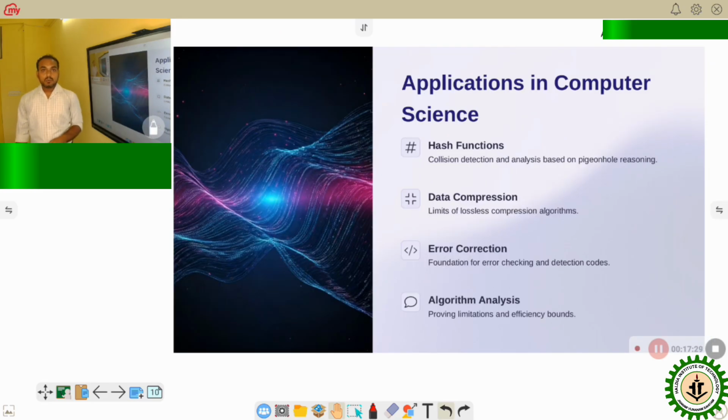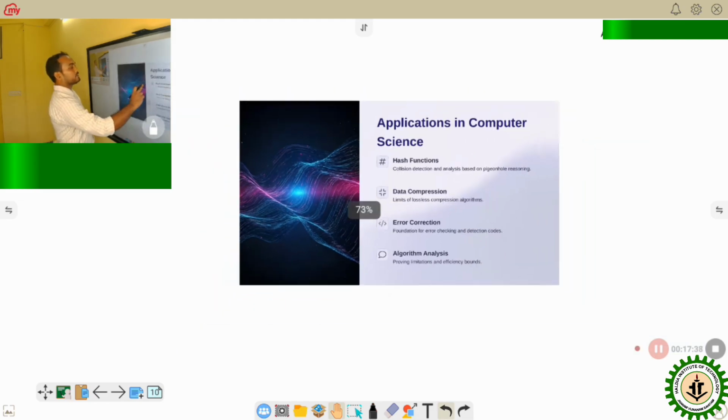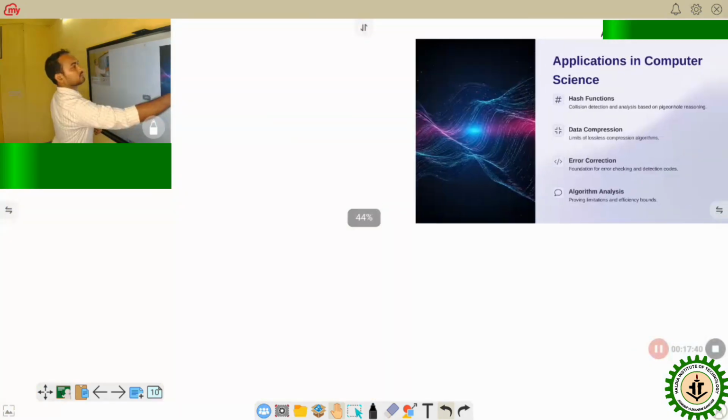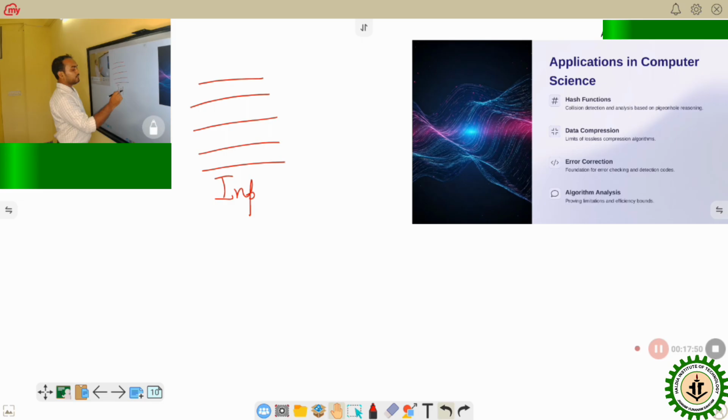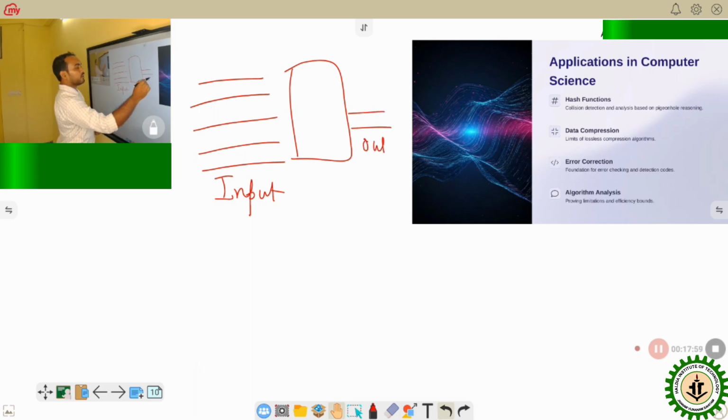In the sense of computer applications, the pigeonhole principle can also be utilized. How? We can define a hash function. What is a hash function basically? In a computer network, if we define multiple inputs to any algorithm, after the computation the output is of fixed size.